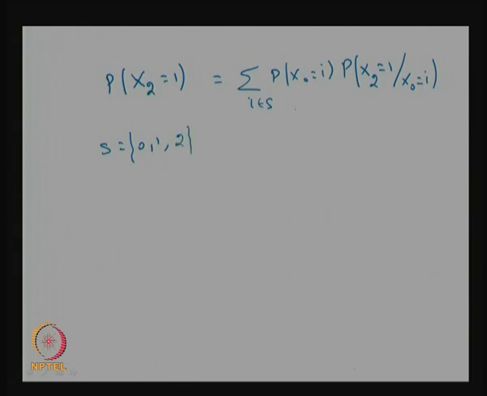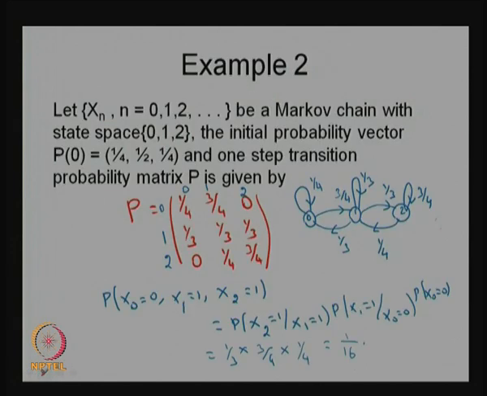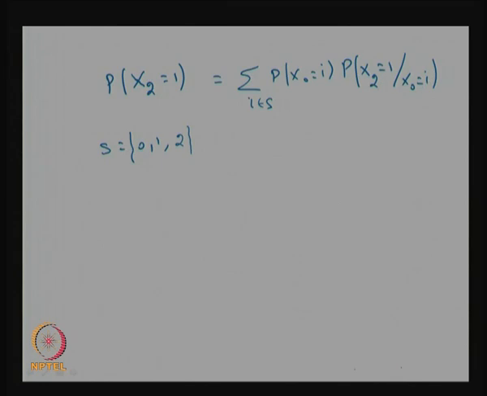Already we have been given the initial probability vector. Using this, you need a two step transition probability, that means you need to find out P square. The P square will give the two step transition probability matrix.